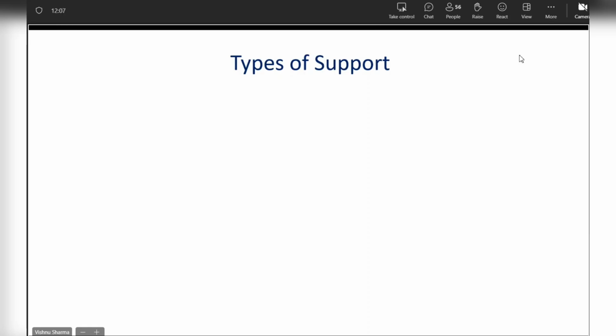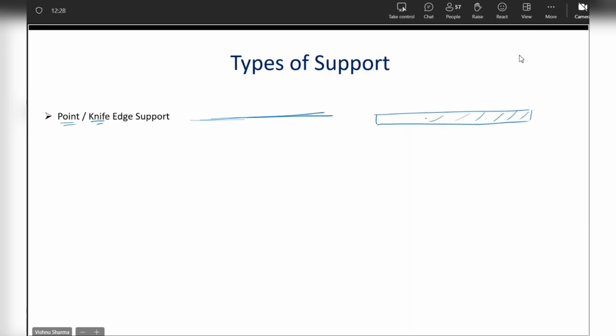Okay, so how is the beam supported? Again, there can be point supports. They are also called knife edge supports because a knife edge is like a point. Okay, so if you have a light beam or a beam of uniform cross section, now where the supports are will change from situation to situation.